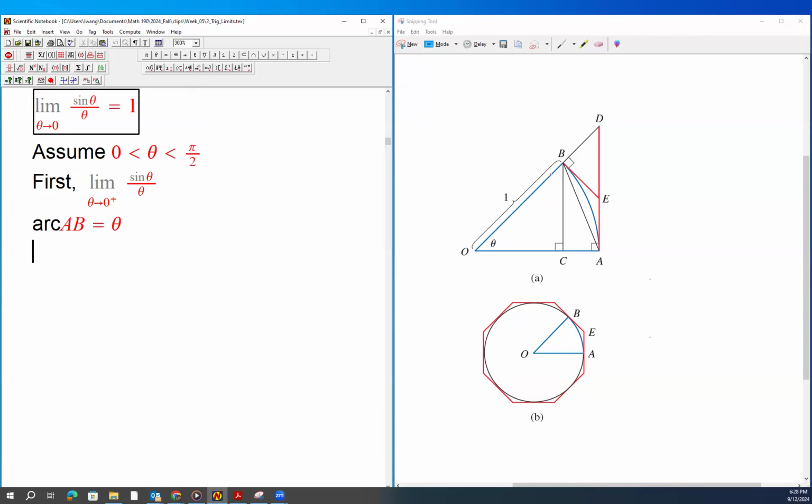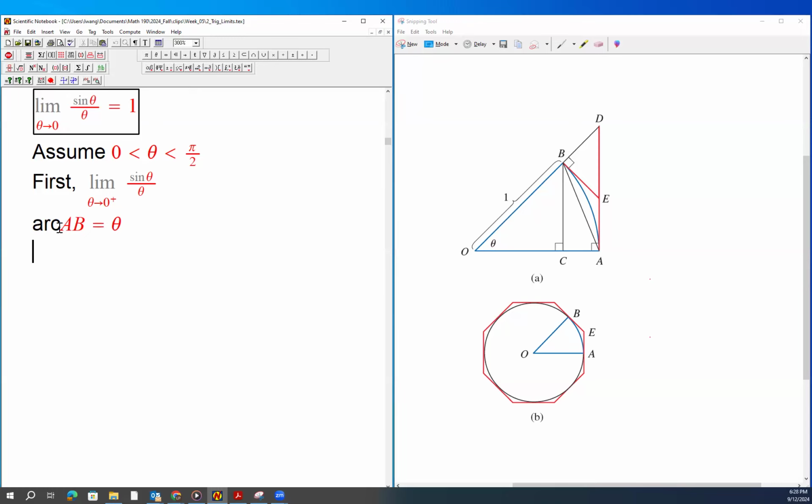Also we know that by definition, if you look at the triangle OBC, this is a right triangle, and OB is the hypotenuse, BC is the opposite side.